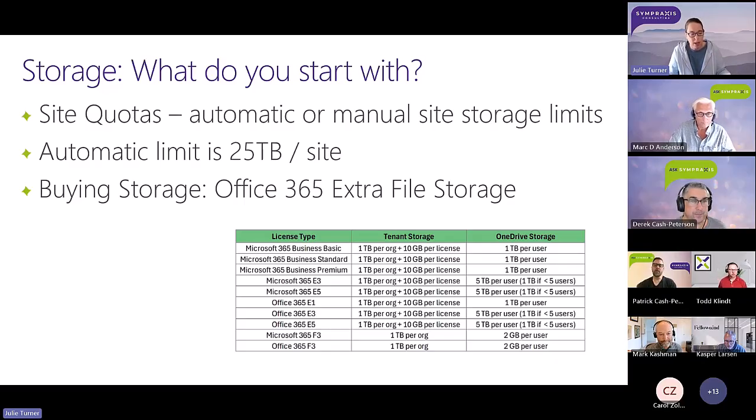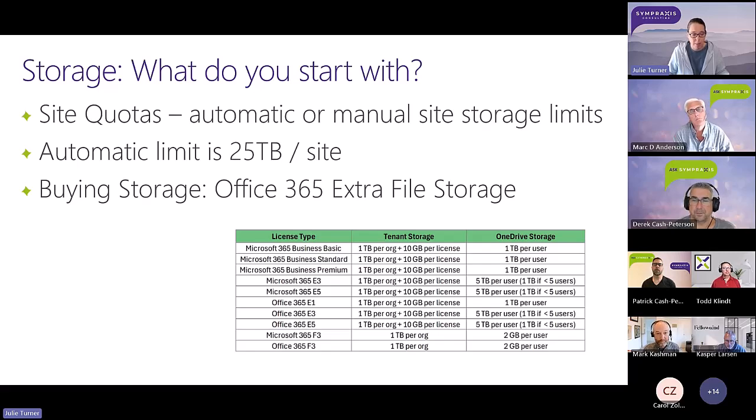One of the things that we used to think a lot more about was site quotas, and now, I don't know when it changed, we have the ability to either have storage set to be managed automatically or manually. Automatic storage basically says your tenant storage is one big ball of storage, and each site just uses however much of that storage they need to store the things that are being put there.